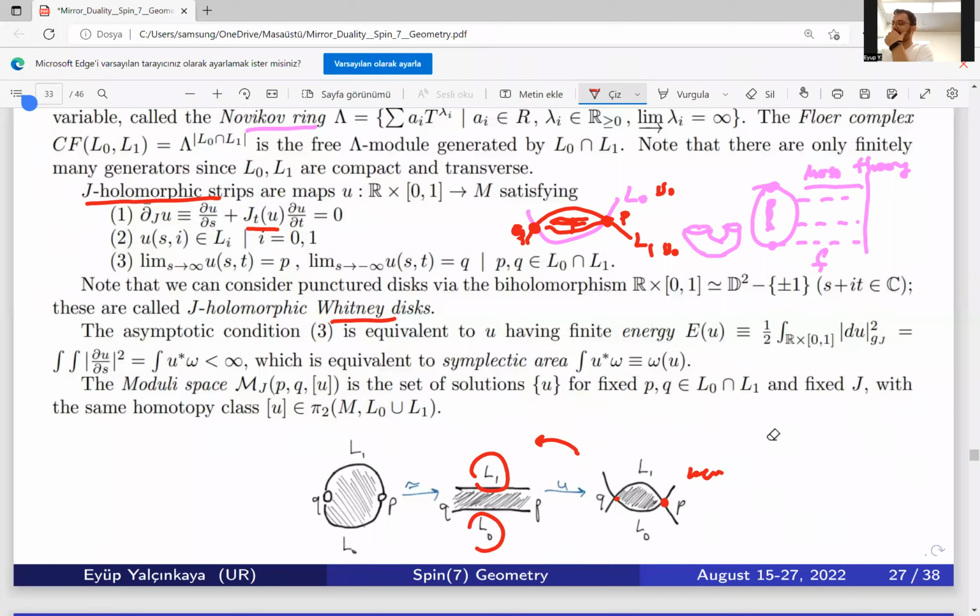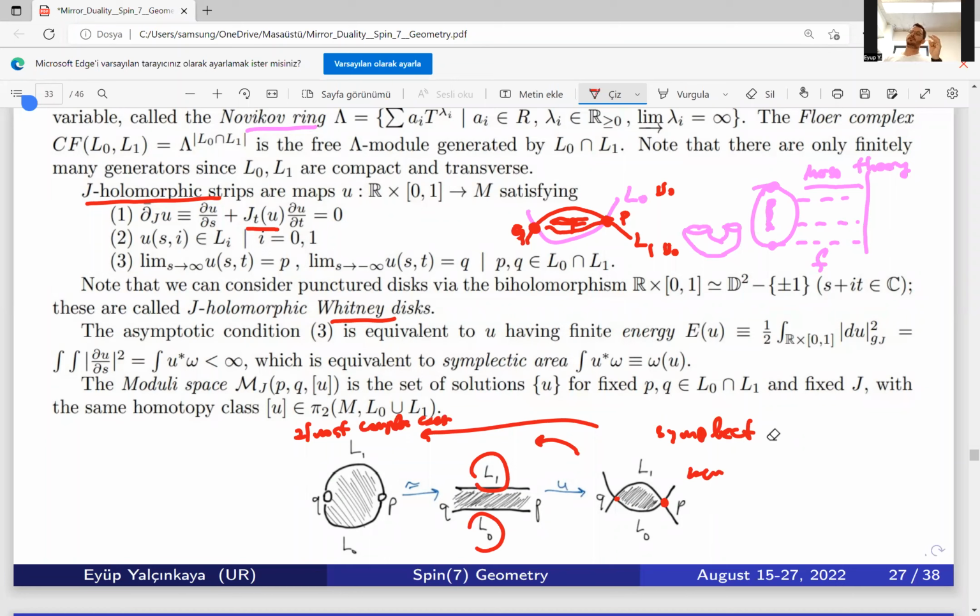Maybe you remember this strip sends to this J-holomorphic sphere. So the Lagrangian, the symplectic structure, sends to almost complex cases. Okay, and we can find the relation between the symplectic idea and the almost complex idea.